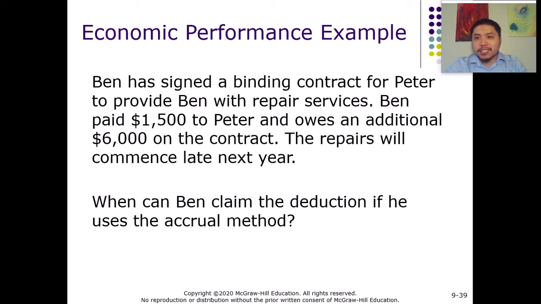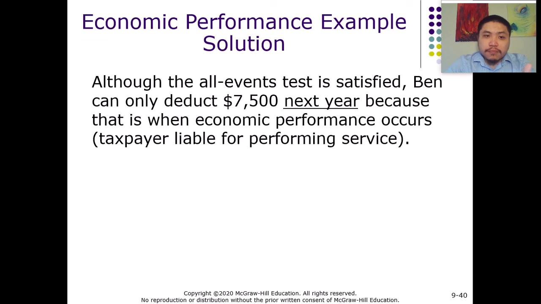But next year, when the performance actually happens, when Peters, the provider of the service, actually provides the service to Ben, then Ben can recognize that expense and claim it as a deduction. So Ben can only claim the $7,500 deduction next year.